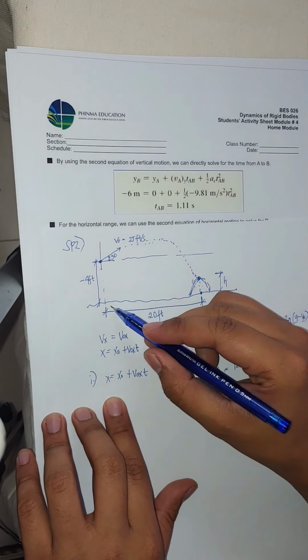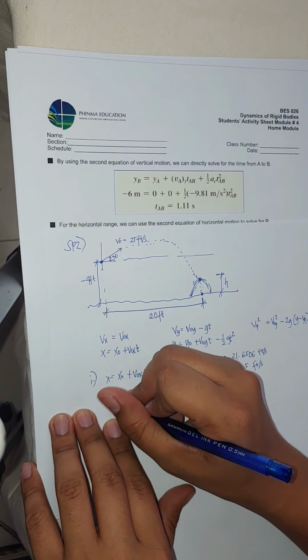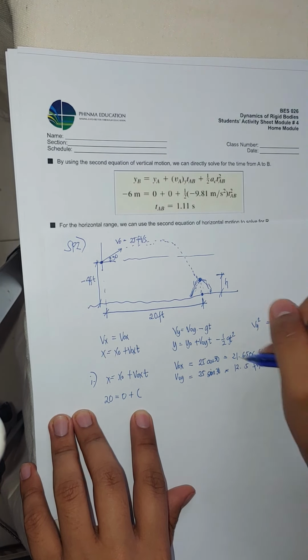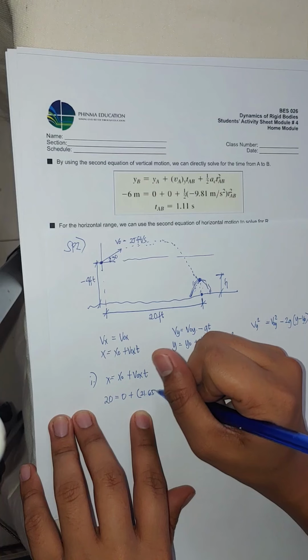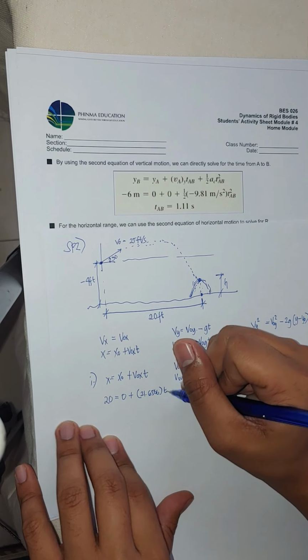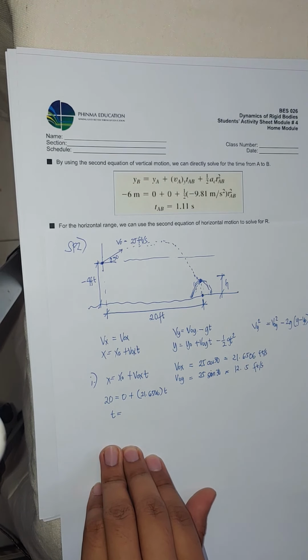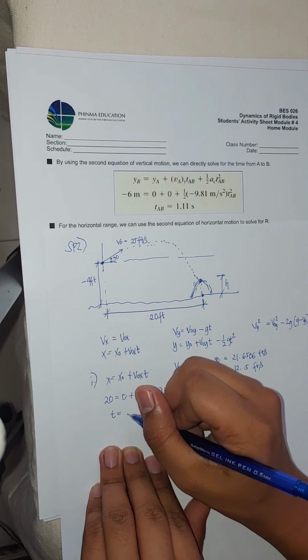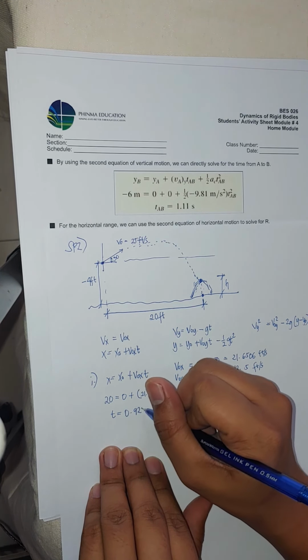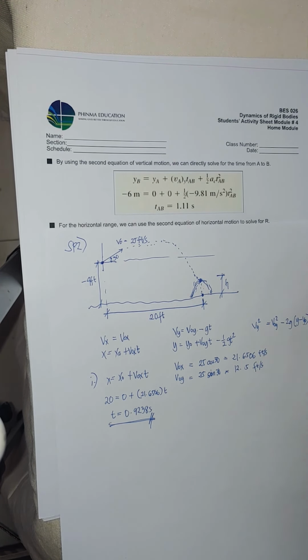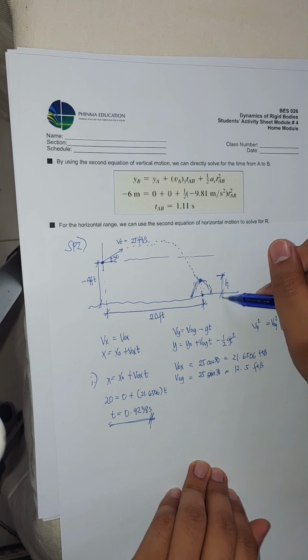Our x from here to here is 20, so 20 is equal to 0 plus 21.6506 foot per second times time. We get the time from here to here equal to 0.9238 seconds.